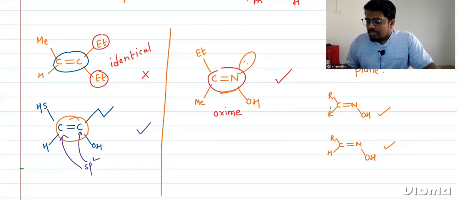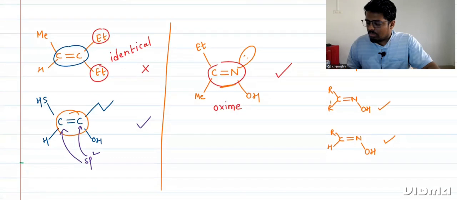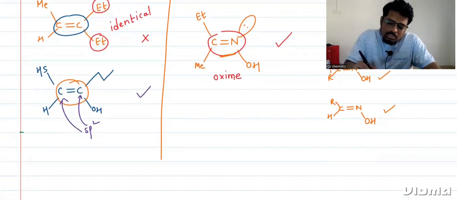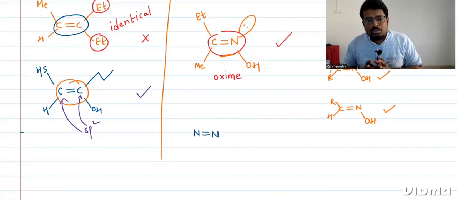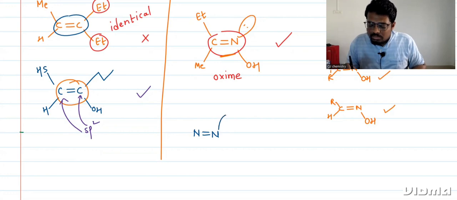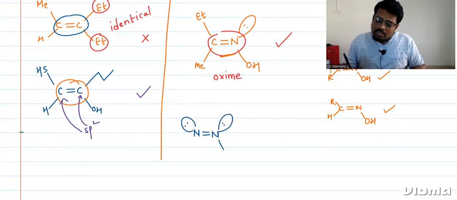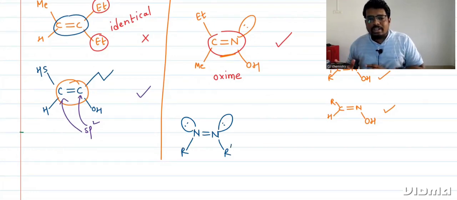Okay. Now the next system is around the nitrogen double bond. In nitrogen double bond, this group is known as what? This group is known as the azo group. Let us place one lone pair on each nitrogen. This type of system is an azo compound. Now these R and R dash may be same or different. The first condition is restricted rotation.